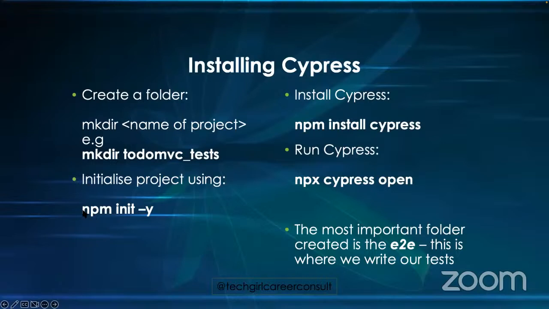And that is where we're going to be running npm init -y, npm install cypress, and also npx cypress open. So we're going to be using the terminal in Visual Studio Code to run most of the commands that we'll be needing to run.